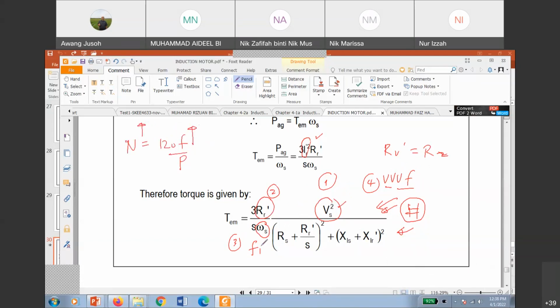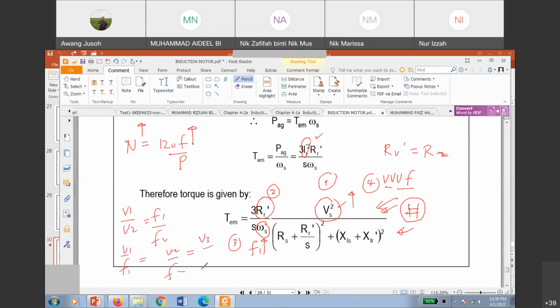But when frequency increases, the voltage needs to be increased also. Why? Later on we will study that. We call it V over F. Both must be changed at the same time. Sometimes they write V1 over V2 equal to F1 over F2, or V1 over F1 equal to V2 over F2. So the ratio must be kept constant.